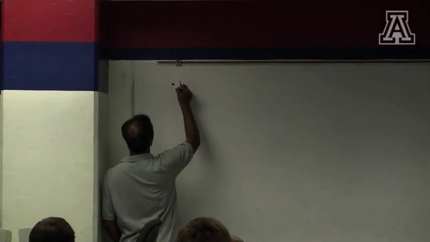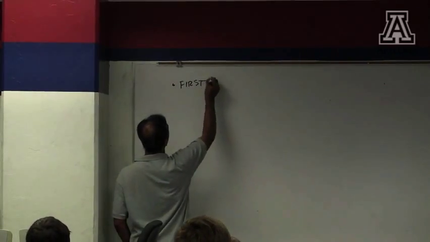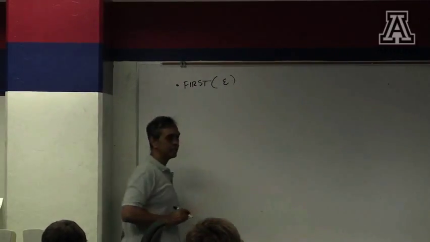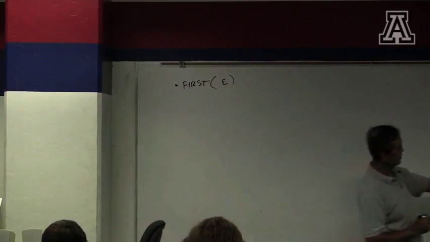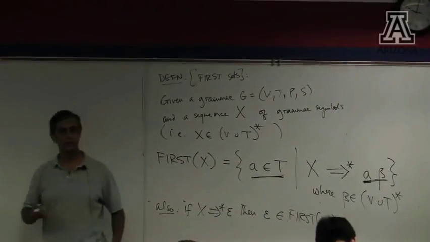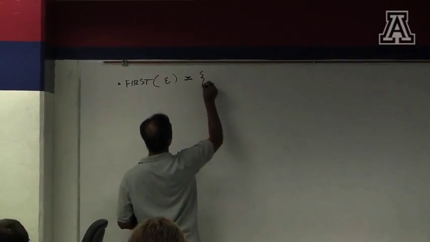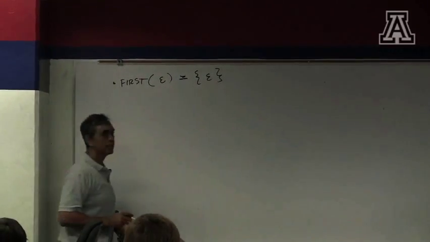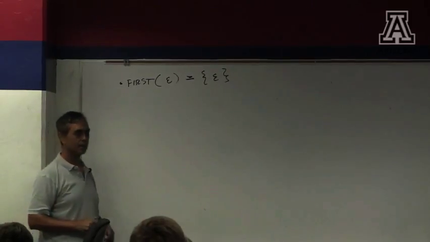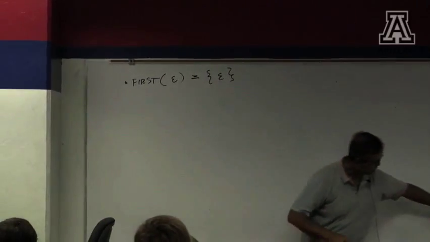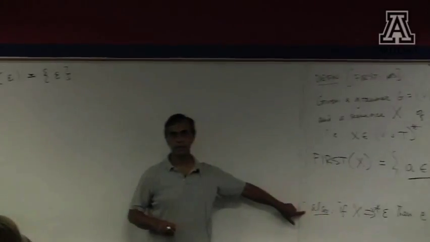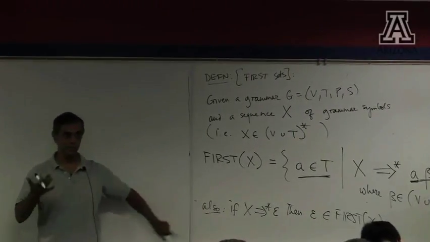So first of the empty sequence, since I'm talking about the first of a sequence, the empty sequence is a possibility. That is the set containing just epsilon. And that comes from this clause of the definition. The empty sequence derives the empty sequence in 0 steps.